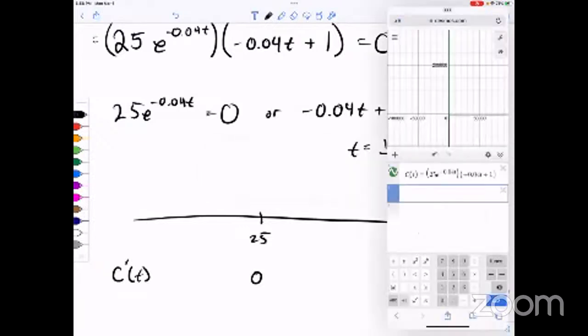There it is. Okay. C of, now we put in 25, we get our 0. Okay, so we can go with that.